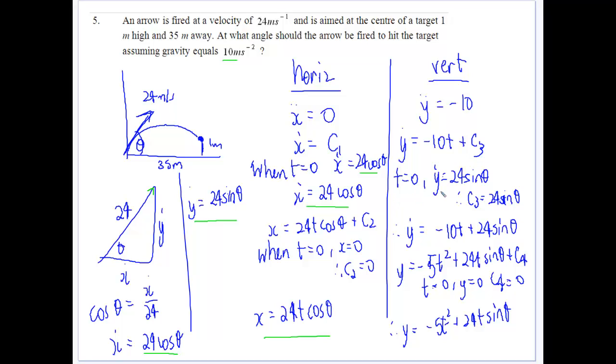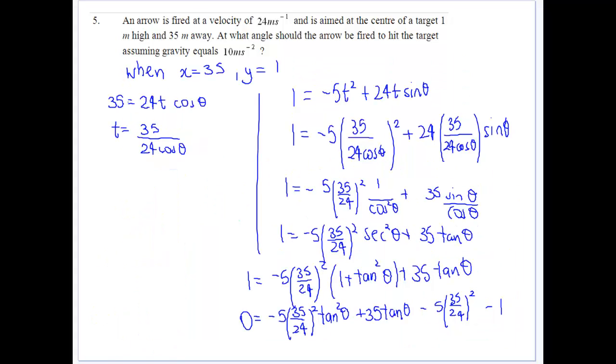When t is equal to 0, the vertical velocity is 24 sine theta, so that becomes our constant. Integrating again, minus 5t squared, plus 24t sine theta, plus another constant, which is 0 because we start at the origin. There's our position statement for the vertical motion.